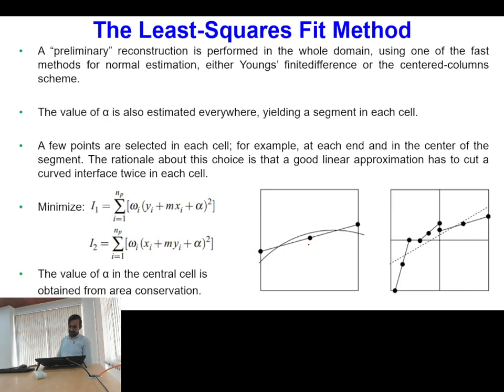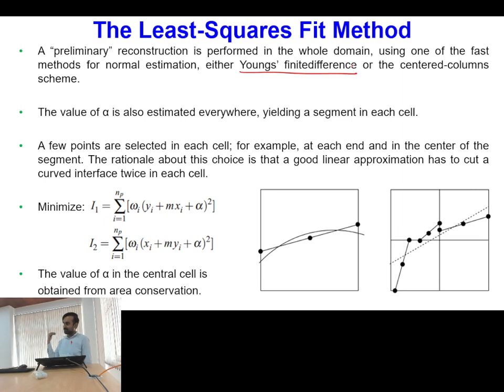Then the next method is the least squares fit method. What is done in the least squares fit method? The actual interface profile is first reconstructed using any of the preliminary methods, say Young's finite difference method, which I specified earlier.